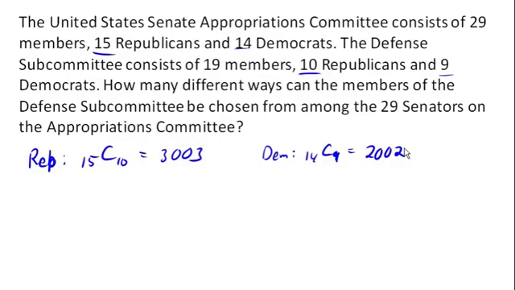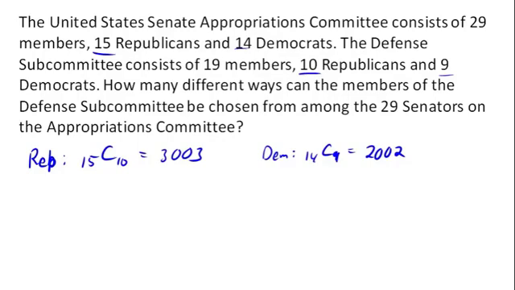But then how about for our entire committee here? So now imagine that we put all the Republican choices on little slips of red paper. So we've got 3,003 pieces of red paper, and then we put all 2,002 Democratic choices on little slips of blue paper and threw them all in a hat. How many ways could we pick 1 red slip and 1 blue slip?